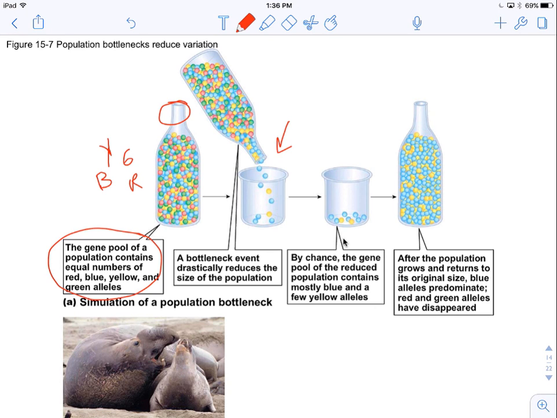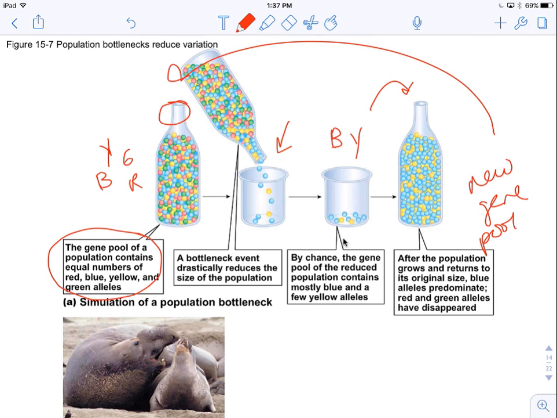And just by total random chance, only blue and yellow are shaken out, and those are the ones you have left. So now, if the population rebuilds itself, there's only those 2 alleles. 2 other alleles have been completely eliminated. So the new gene pool isn't representative of the original gene pool.